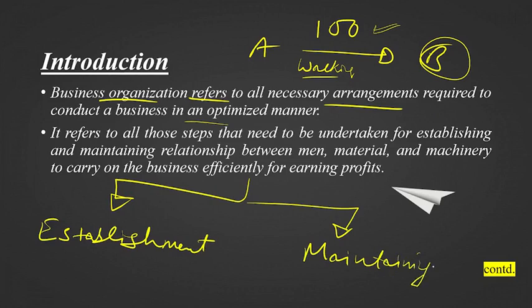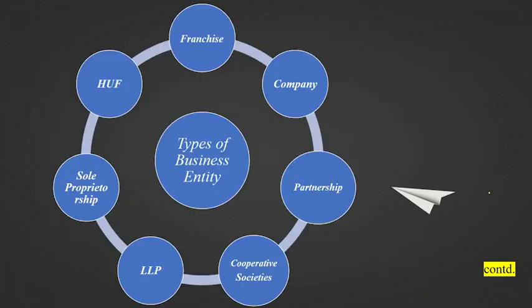So we need to have the relationship between men, material and machinery to carry on business efficiently for earning profits. End of the day, that is what we should do. But to decide that, if I want to have a small shop, like a small provision shop, do I need a public limited company? Definitely not. So that is what you should decide.